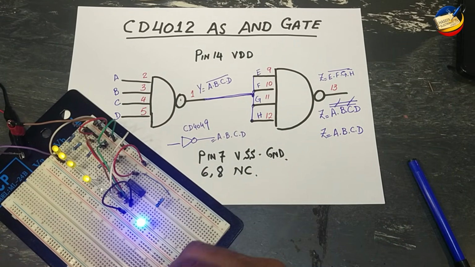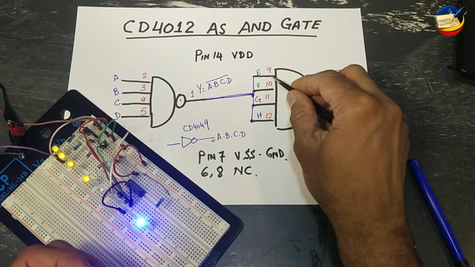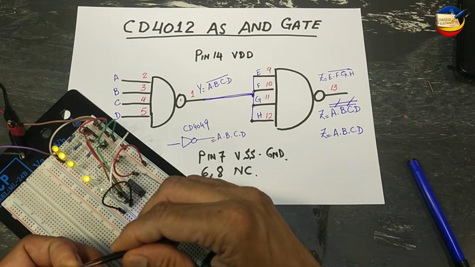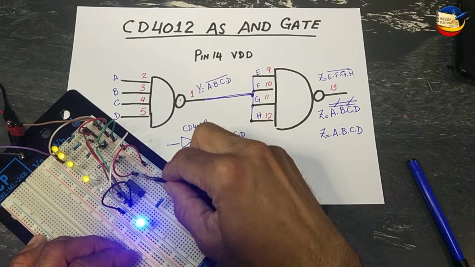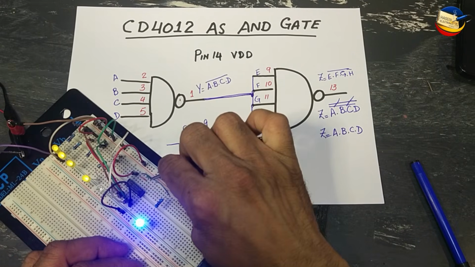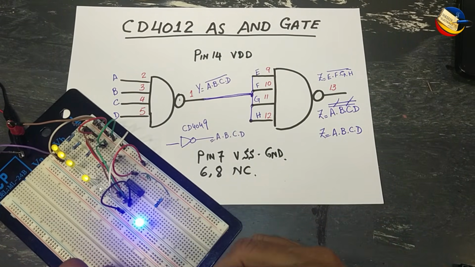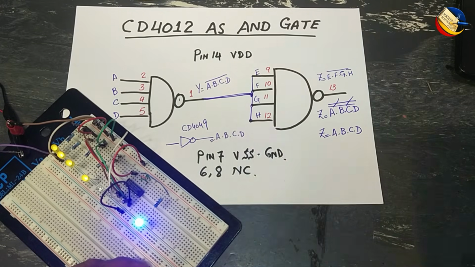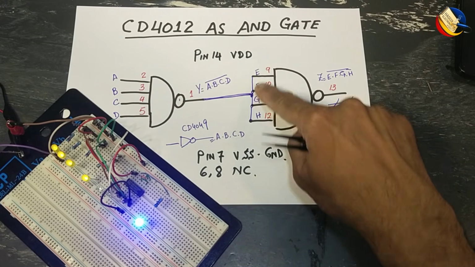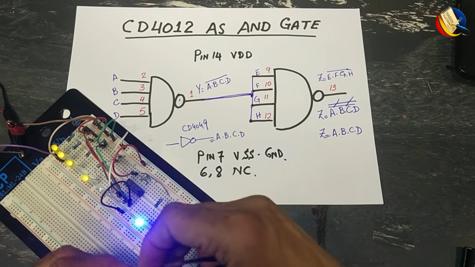We will make a jumper between pin numbers 9, 10, 11, 12. We will jumper all pins together. We will connect pin number 1 to all these jumpered inputs.